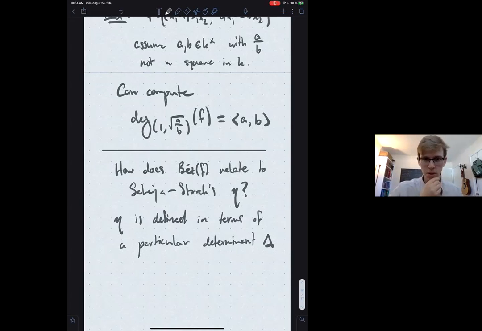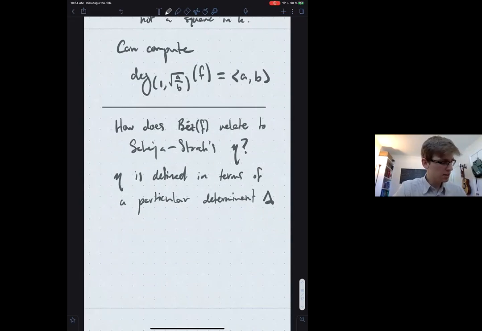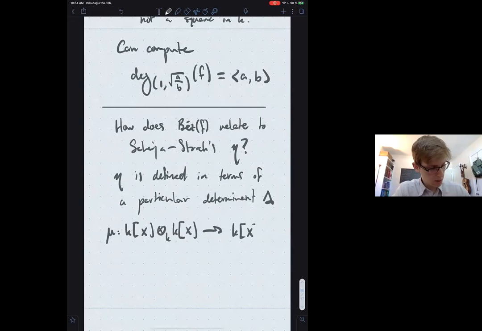We won't have time to really get into the details of how they use delta to compute eta. But the key idea behind delta is I'm going to take the multiplication map from my polynomial ring tensor itself down to the polynomial ring, and you're just sending a tensor b to ab.